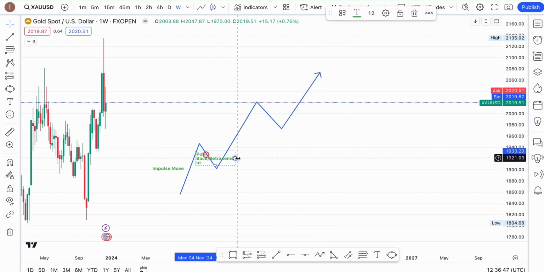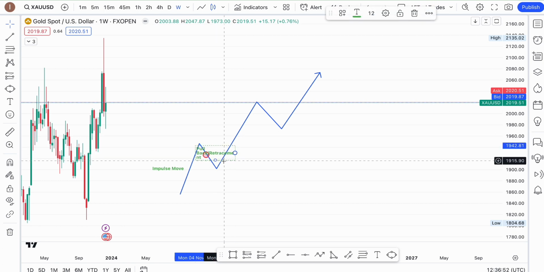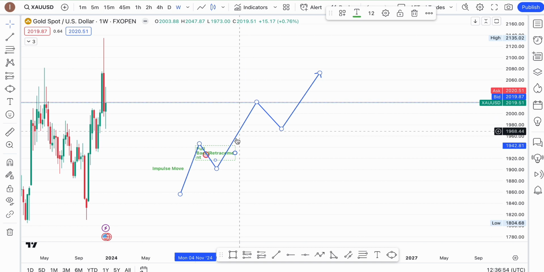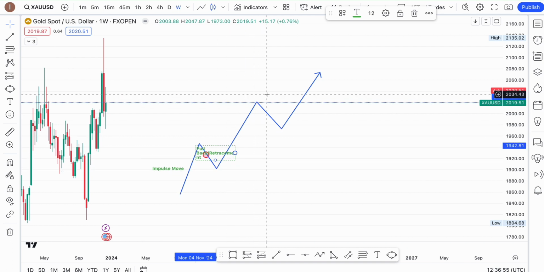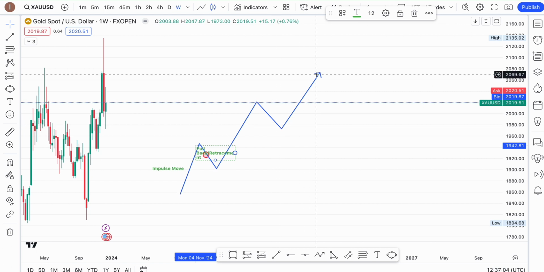This here is our pullback and retracement. This long one here is the impulse move. Then the pullback is the coming back of it as a retracement. Then it will now move up as our impulse move.